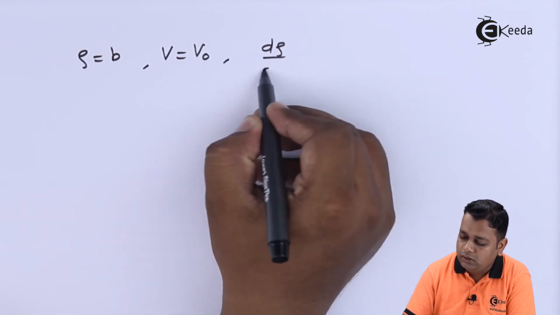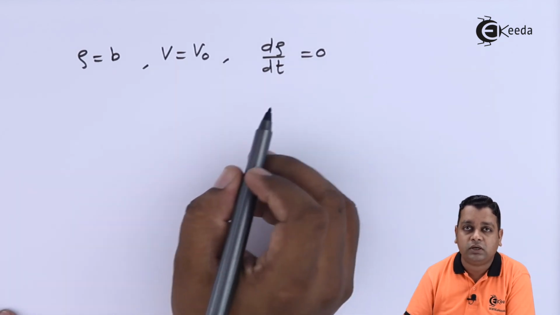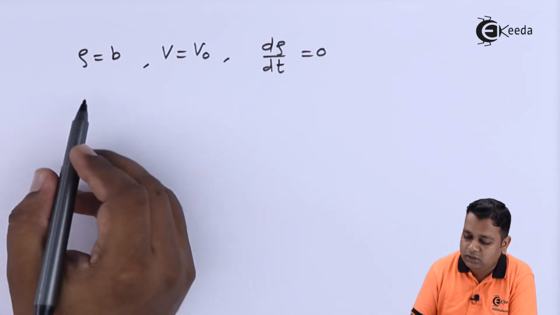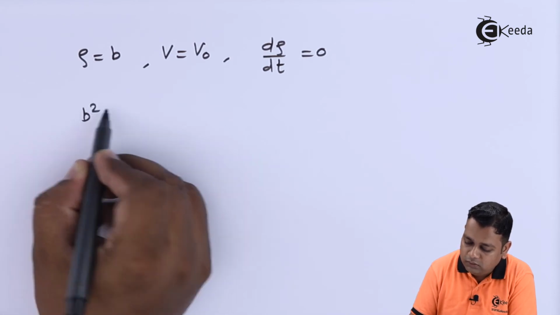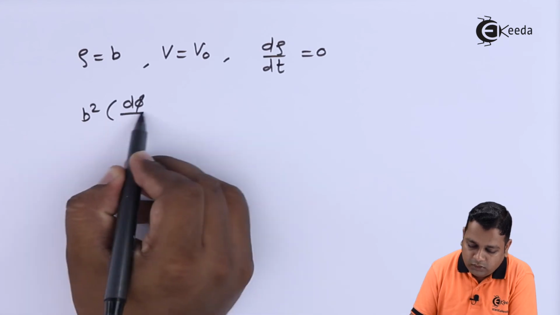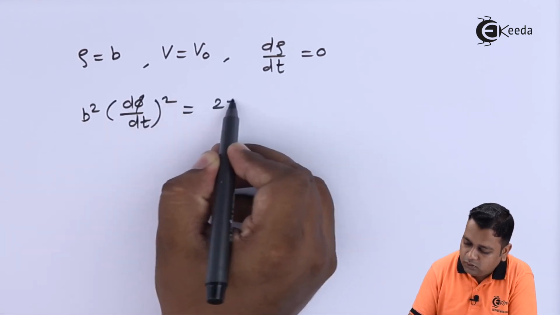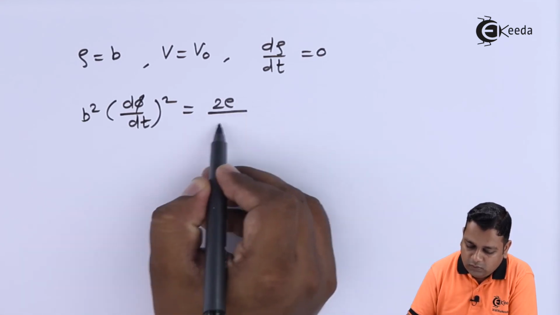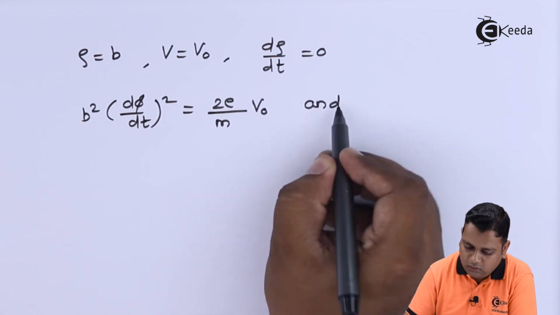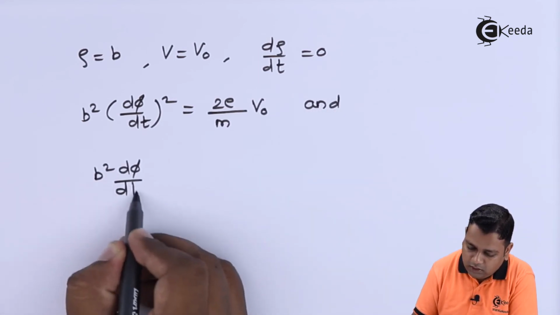Then d rho by dt, the velocity component, at that particular case will be 0 after it reaches the anode terminal here.